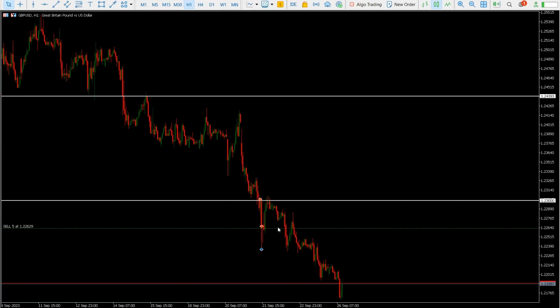So it was a lot for the pound. This was mainly due to the Bank of England's previous statement suggesting that the interest rate would not be raised further. And the investors were concerned about the central bank's cautious stance, as this weighed on the pound's performance.